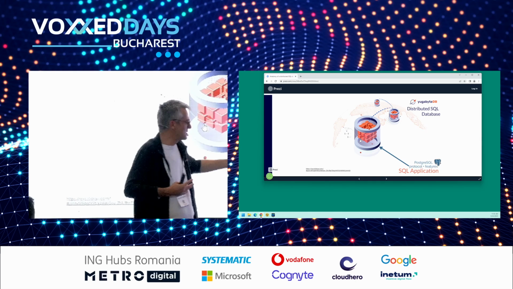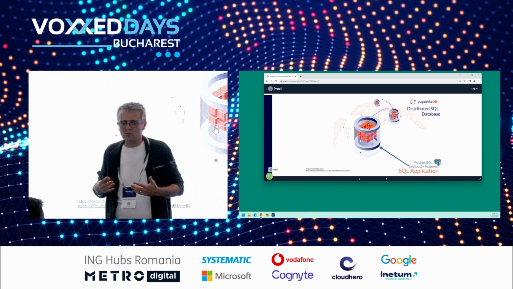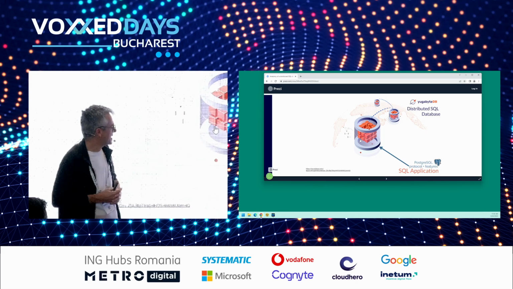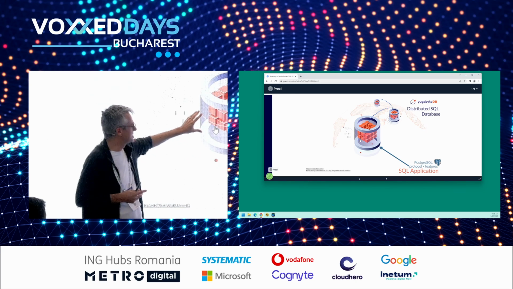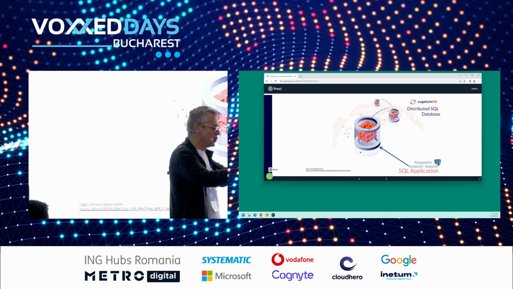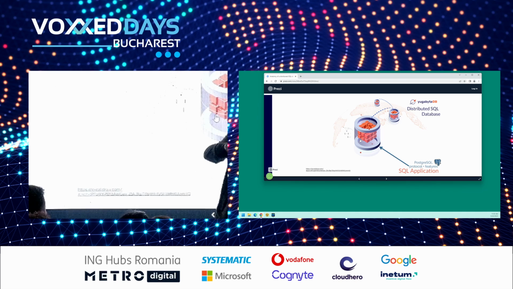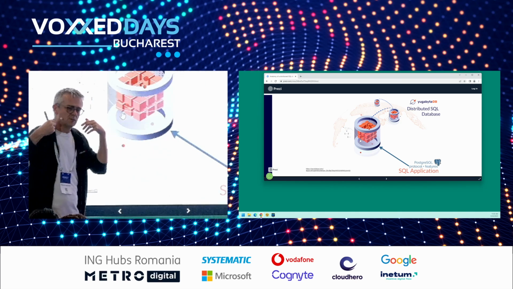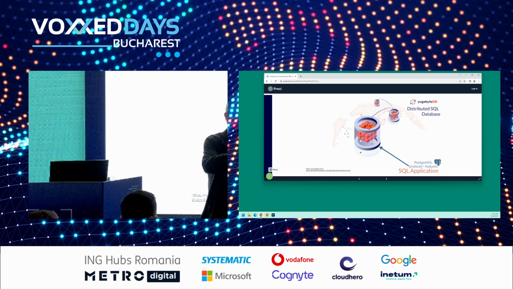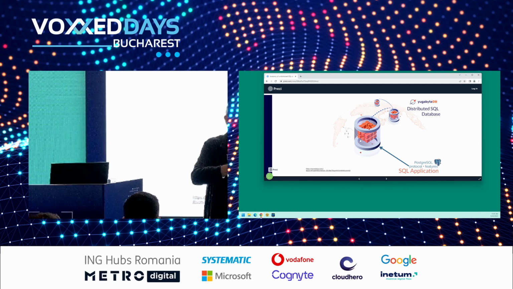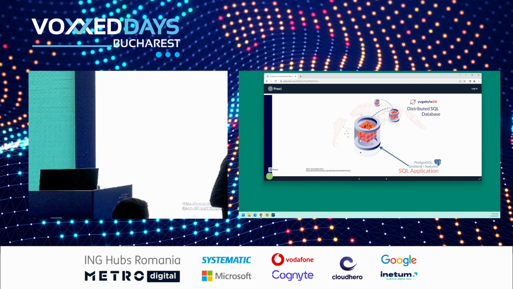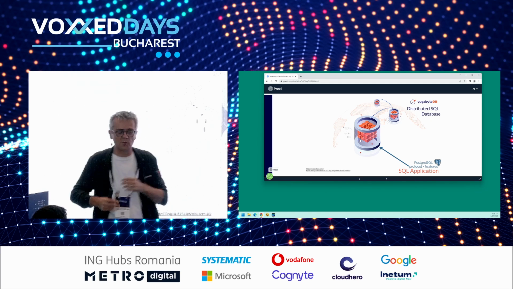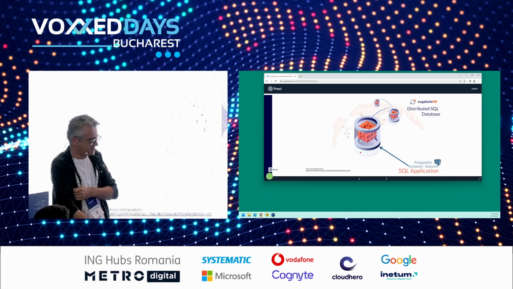The application doesn't see any error if one of the replicas is down. And I will also explain that it's not the full database that is replicated in two or three points. The data is first sharded, partitioned in small chunks, and those chunks are replicated. So this is the idea, with those little cubes, the little chunks of data that are distributed.